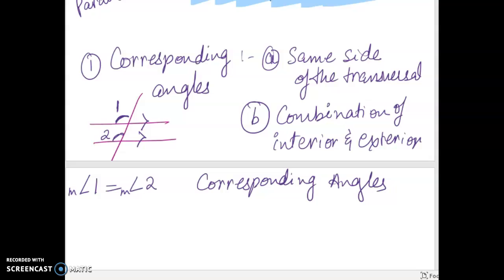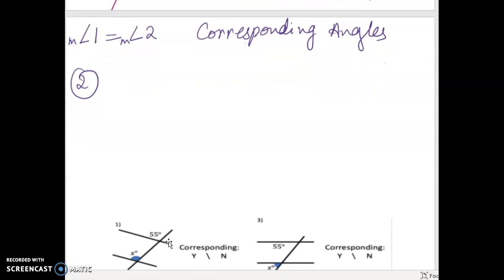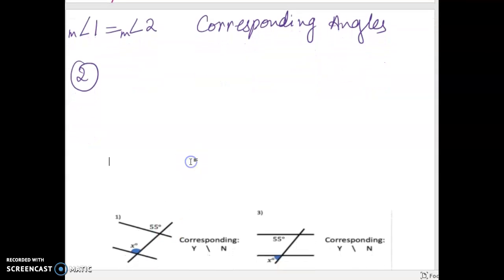So if it is given that the two lines are parallel and cut by a transversal, then the corresponding angles will always be equal, right?